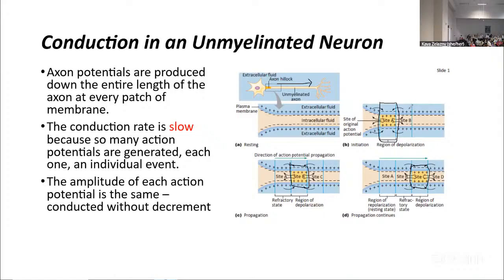That's important to mention because that's different than when we talked about graded potentials decaying as they move from where the stimulus hits. That doesn't happen with an action potential, right? So you can have a really long axon. You're not going to end up with a really weak signal at the end because we're regenerating this the same all the way down the axon.